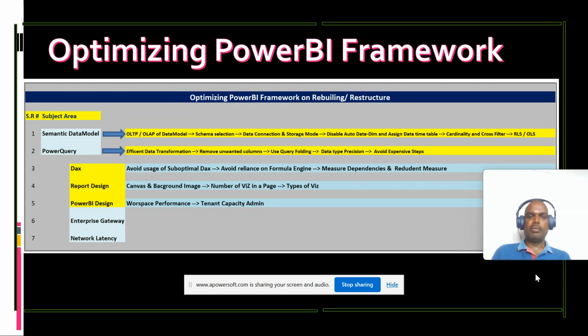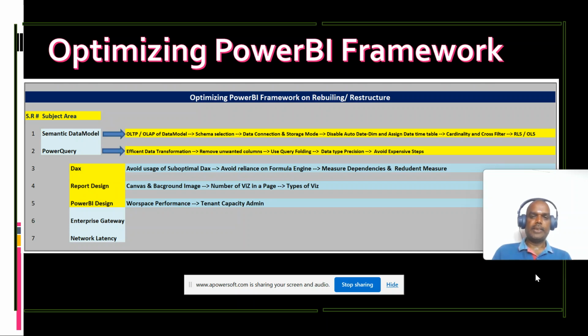And on the Power BI design, you need to look into the workspace performance. How we can do the workspace performance is, depending on your department or your geolocations, you need to create a workspace, and you can get the workspace monitoring report.